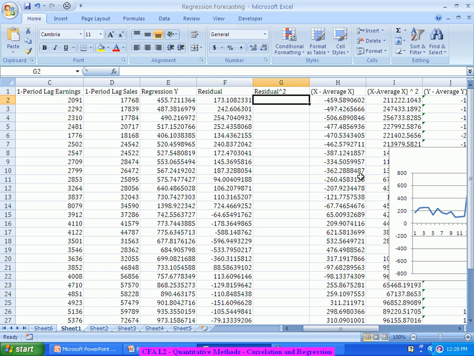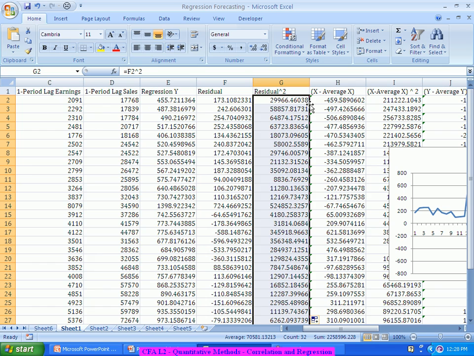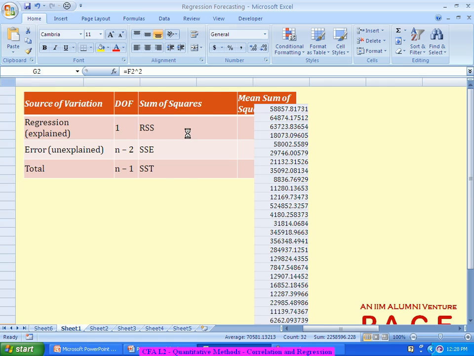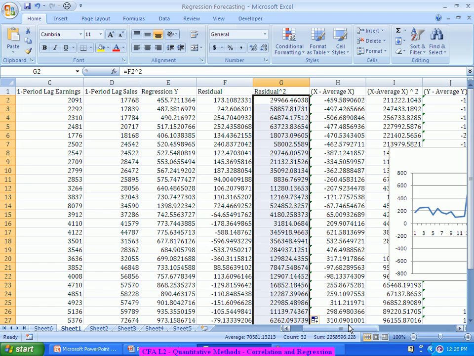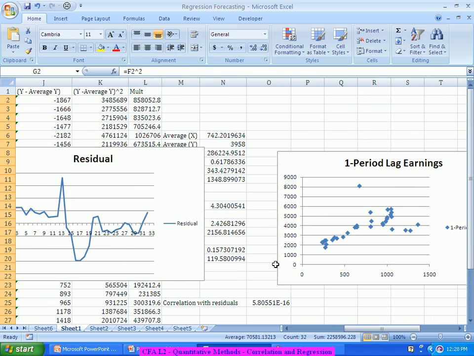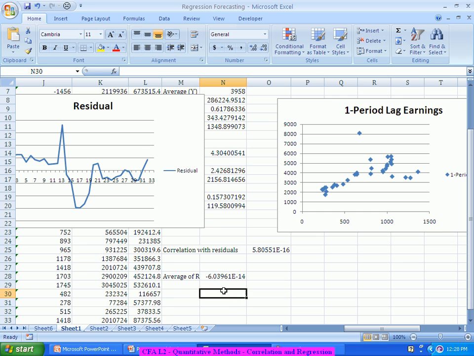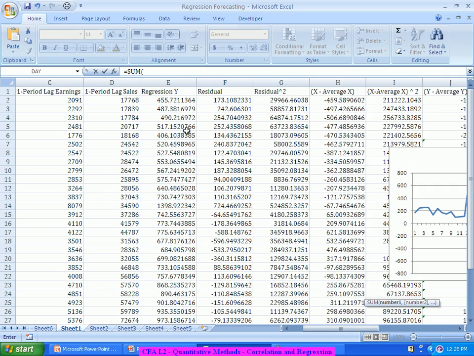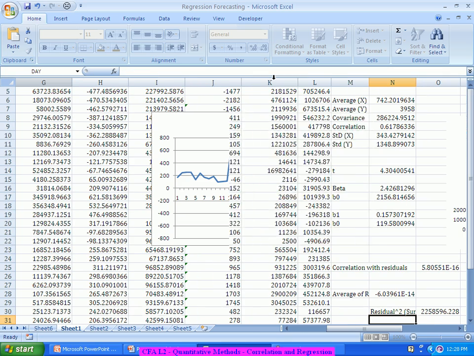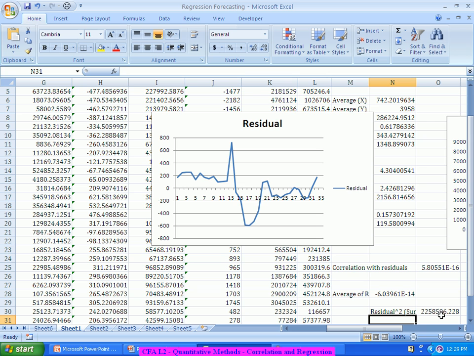Residual square, which will work out to the square. When I sum up all the residual squares, the sum of all the residual squares is coming out to this number, 2258 something.